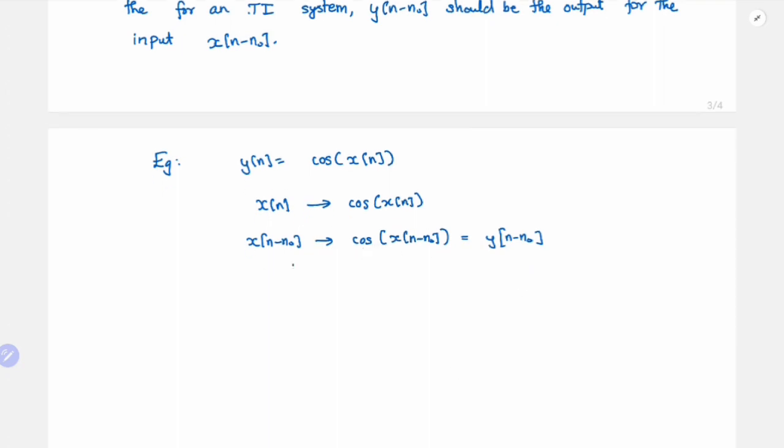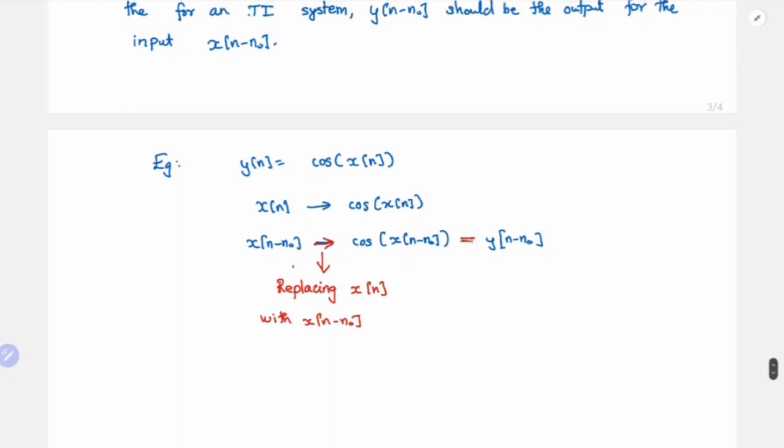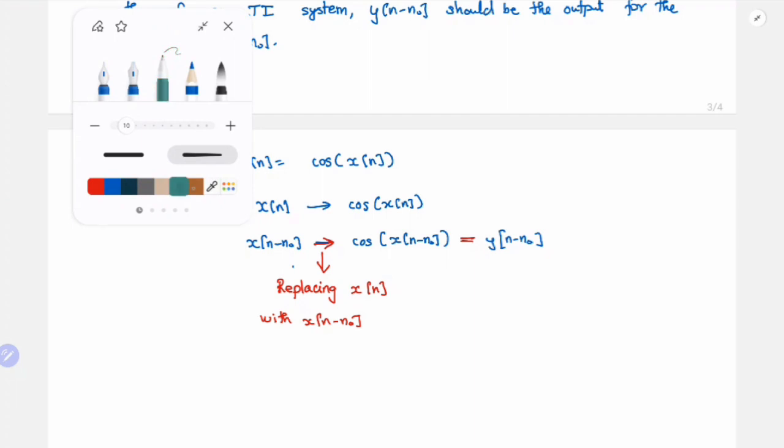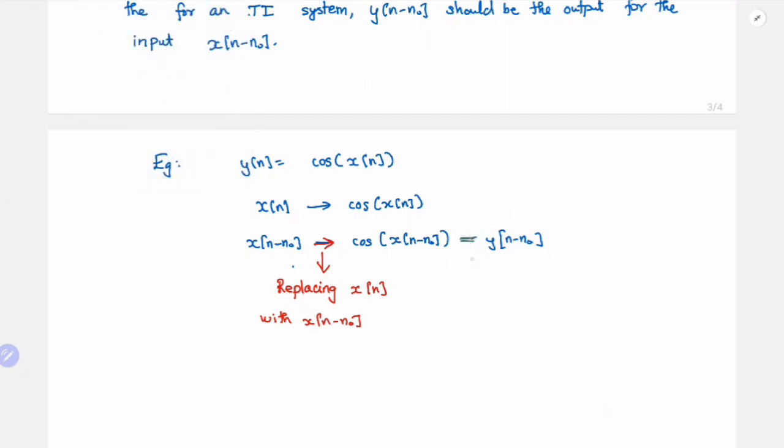So when this is happening, it means that you are replacing x[n] with x[n - n0], right? And here, this equal to, I'll use a different color, is nothing but you're replacing n with n - n0.